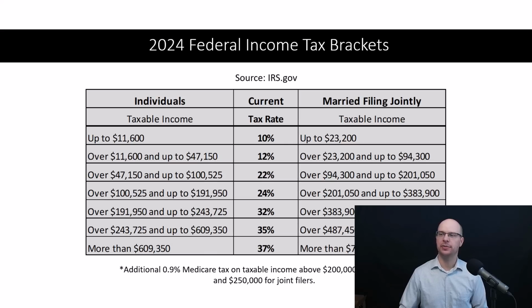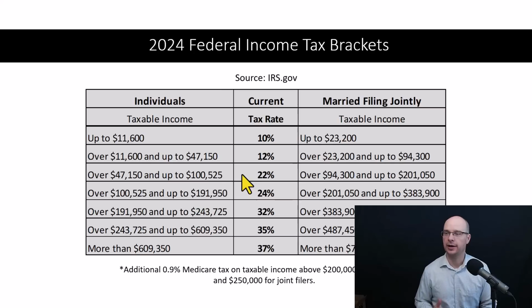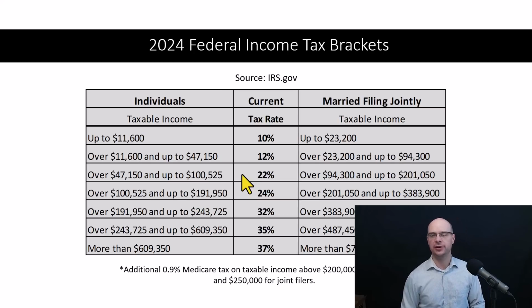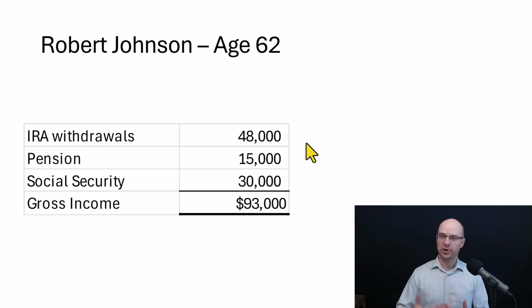But in the meantime, let me just point out, again, here's those federal tax rates. Robert is going to be paying a blended tax rate. Some of his income is going to be taxed at 10, some at 12, and he's even going to be paying some at 22. So the question that we're trying to answer today is, if we go back, what percentage from a federal income tax perspective should he have withheld on every distribution?